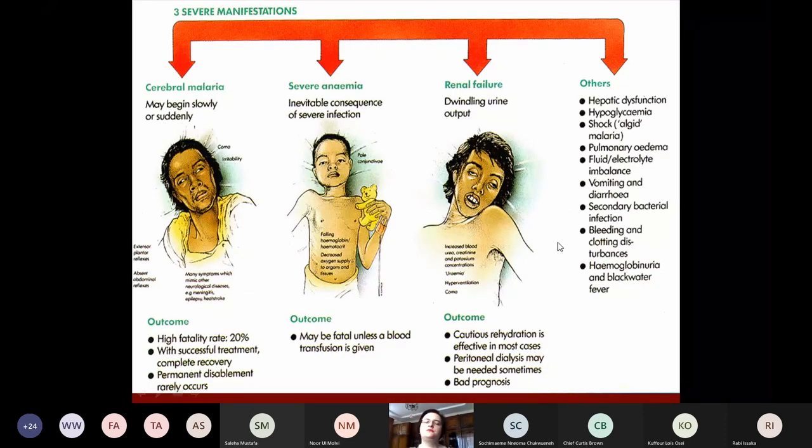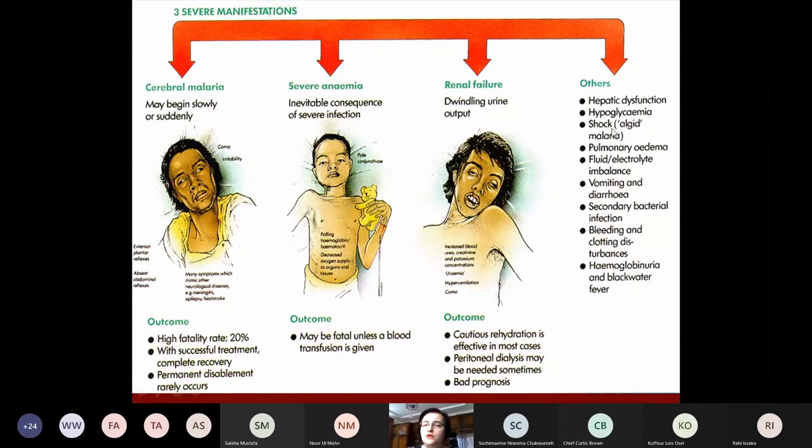Severe manifestations of malaria are characteristic as a rule for children younger than 5 and for pregnant women. There can be cerebral malaria with high fatality rate, severe anemia, and renal failure.